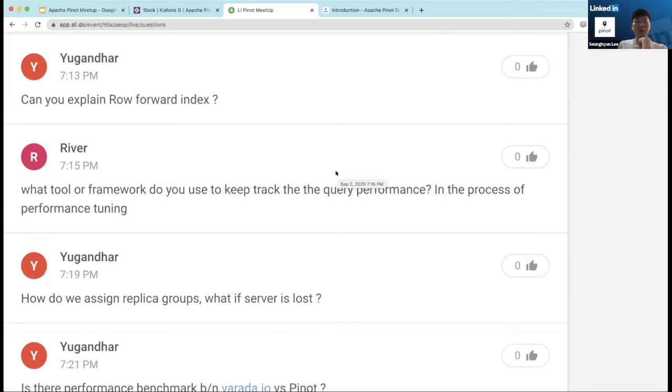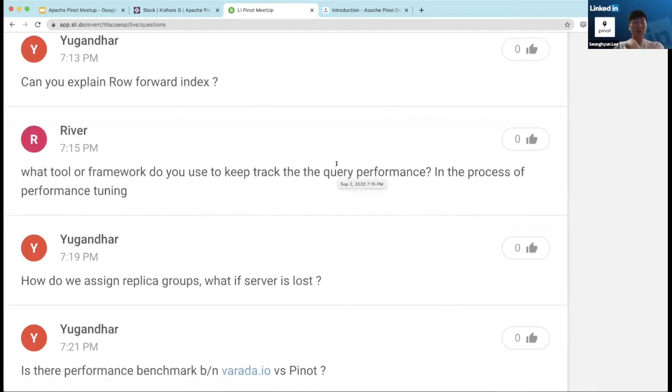So what we did was implement the raw forward index, which basically stores the raw data. We store it in a way that we keep the header, which stores the offset information, and we also have the payload where we store the actual column values. I also posted the documentation on the raw forward index in the chat, so if you're interested, you can go there and read the details.